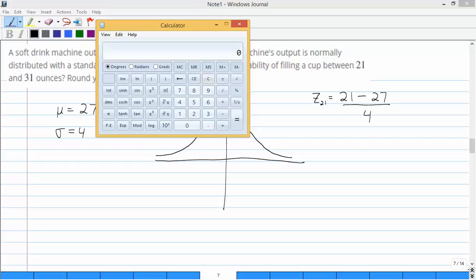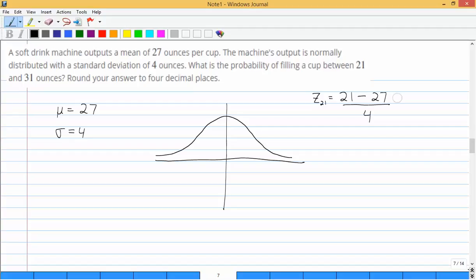And I want to round this z-score to 2 decimal places. So 21 minus 27 divided by 4 is negative 1.5. So I get a z-score of negative 1.50 for 21 ounces. So that would probably be about right here. I'm going to put that on my graph here, negative 1.50.